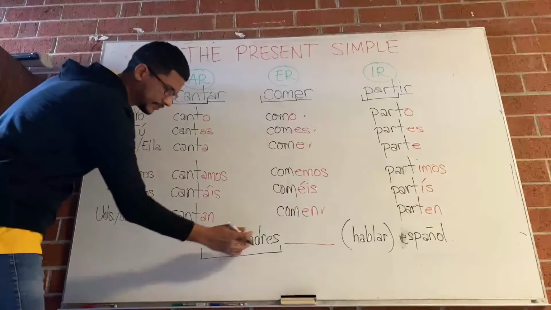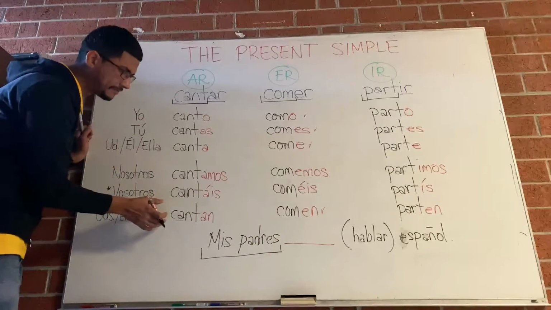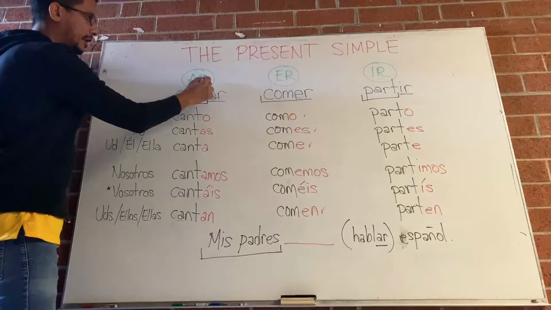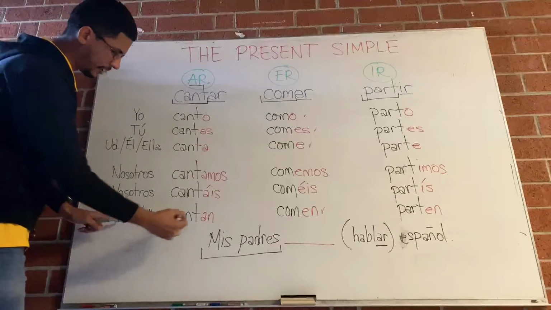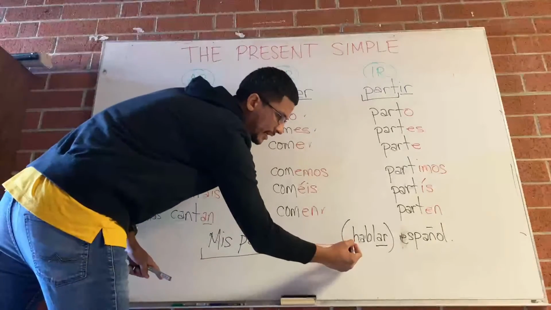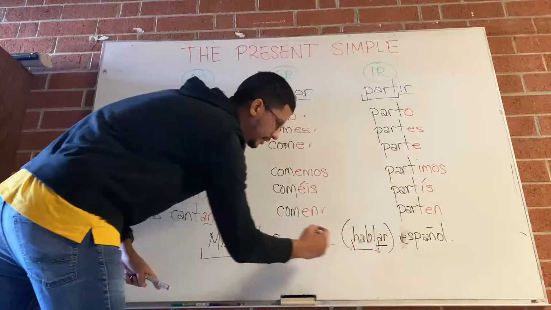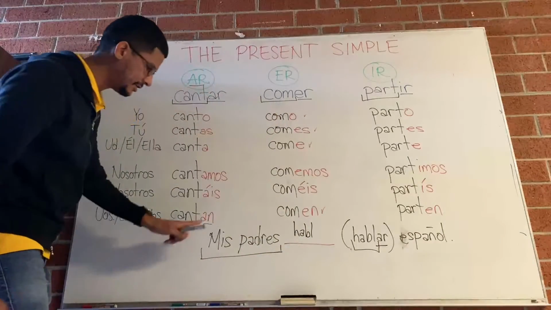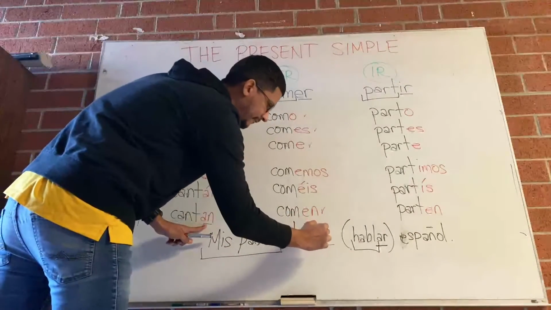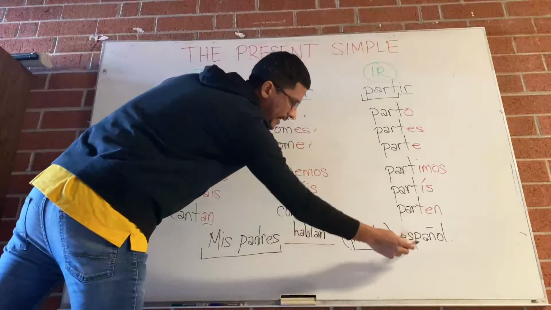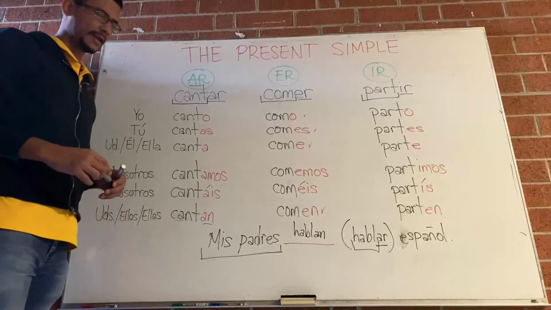So mis padres is plural, so it would be they. So it's an AR verb, so you need the AR conjugation for they. That would be AN. So you basically take this stem here, right? The stem here, and then you add the AN, which is the ending for the ellos. That would be mis padres hablan español. That would be the answer for that, right?